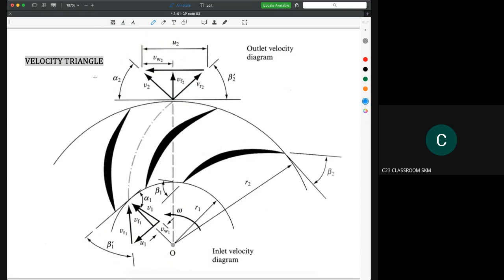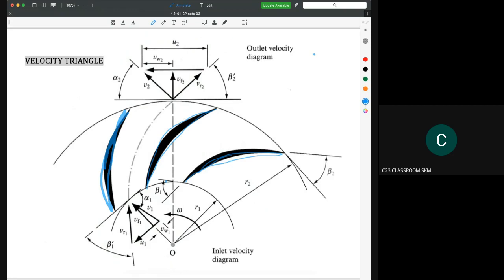First, you need to draw the blade. So the one piece here is called the blade. So this is the blade. There are a lot of blades, so this is also a blade, and this is also a blade. A set of blades is called the impeller.